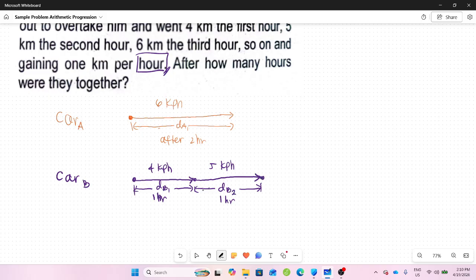After an hour again, its speed now becomes 6 kilometers per hour. This is another 1 hour, and there will be another corresponding distance that car B traveled, distance B3.